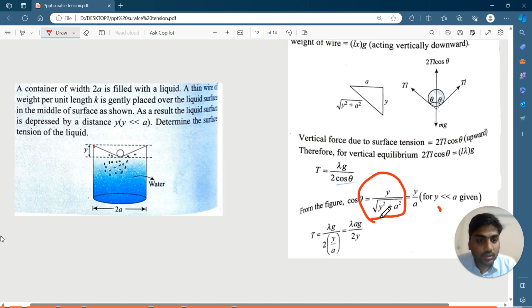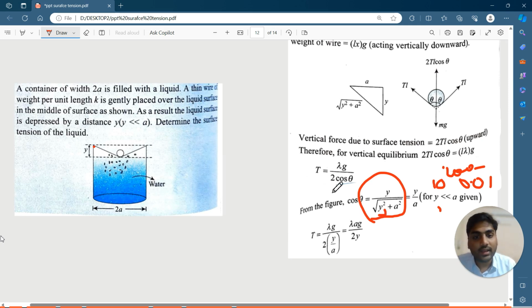Suppose y is 10 and a is 0.01. If we square them, y square would be 100, and a square would be 10 to the power minus 4. So it will be almost equal to 100. So if y is less than a, then one term will obviously be negligible in comparison to the other term.